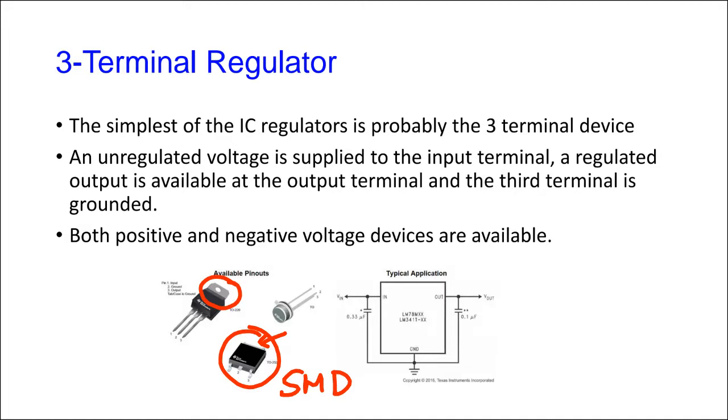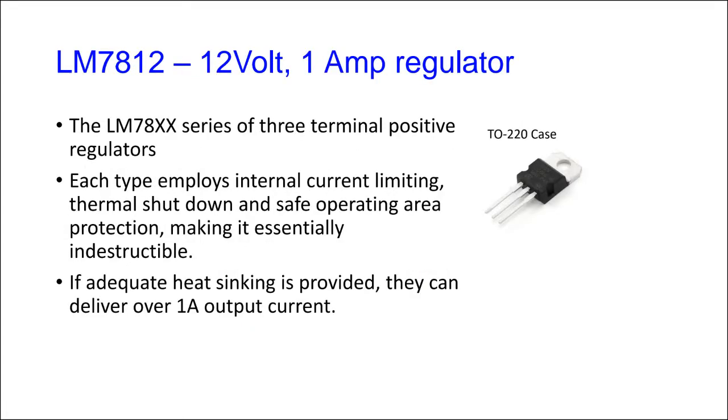Right, and you have all sorts of options here. Both positive and negative voltage devices are available. Right, I'll leave that for a little while. So this is one that we look at, which is the 78XX series of positive terminal regulators. The case is like I showed you there. The type of case is called a TO220.